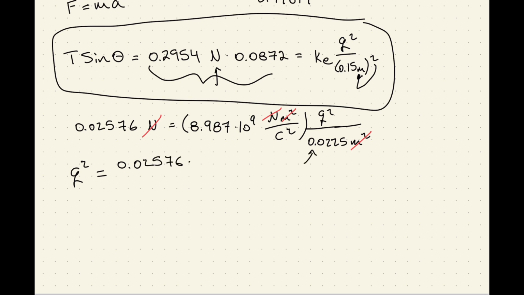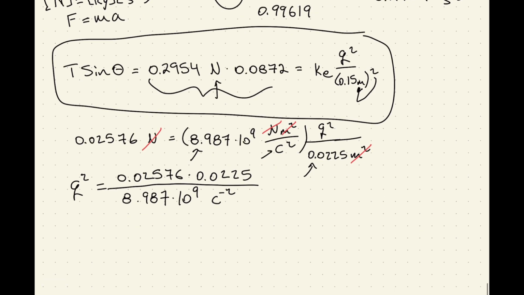We're multiplying by this number, 0.0225. Both of these have no units. We divide by this number, 8.987 times 10 to the 9, and that has units of coulombs to the minus 2. Okay, that makes sense because coulombs here is in the bottom. Coulombs in the bottom.